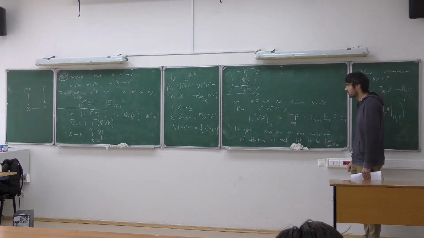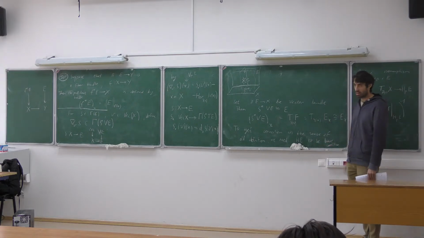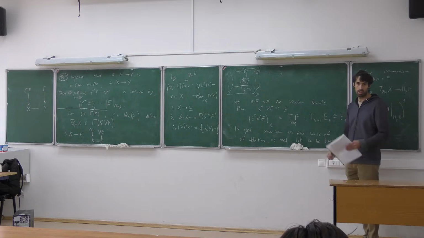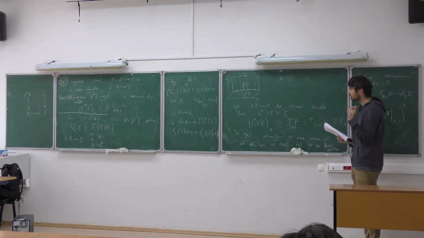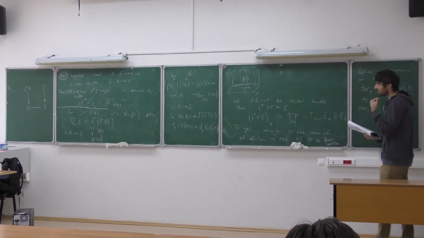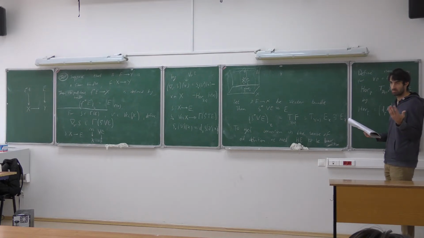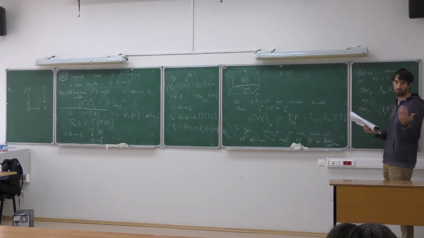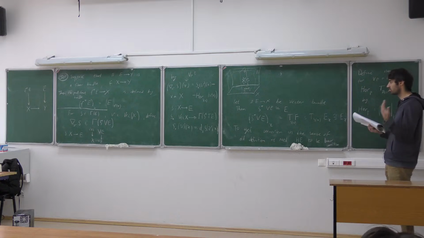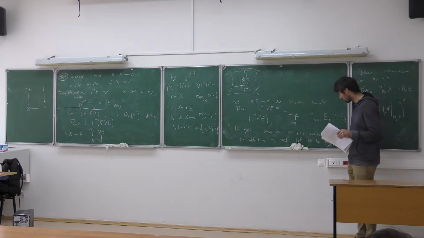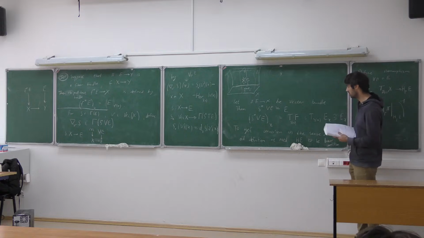Basically, since we have a covariant derivative, we can define parallel translation, and this parallel translation should be linear. So we require this. If it's just any Ehresmann connection, it might not be linear. But if we say that it's linear, it means that we require parallel translation to be linear.